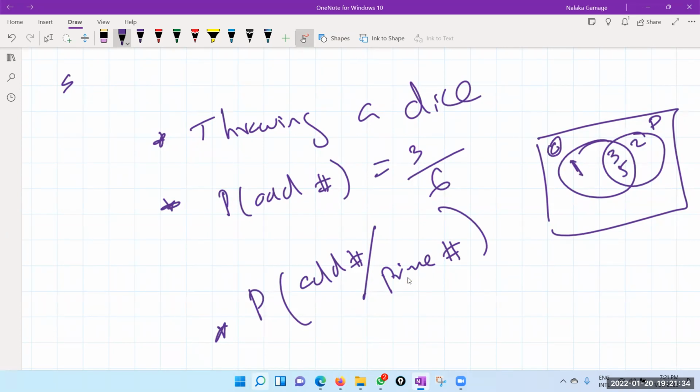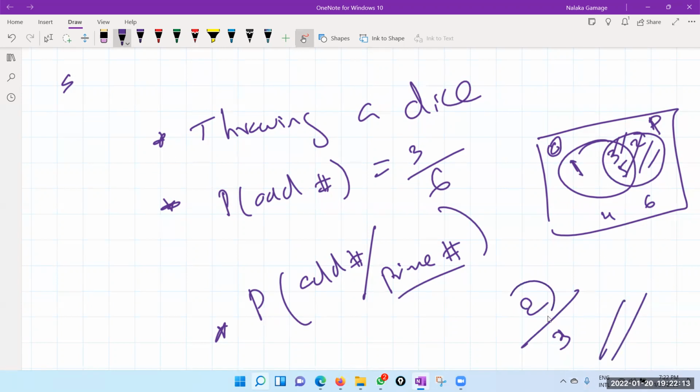Now the question is, given it's a prime number, so 4 and 6 are out. Our sample space is not all 6, it is this one. So n(B) is 3. Getting an odd number given it's a prime number: there are 2 odd numbers among the primes. So the final answer is 2 divided by 3.